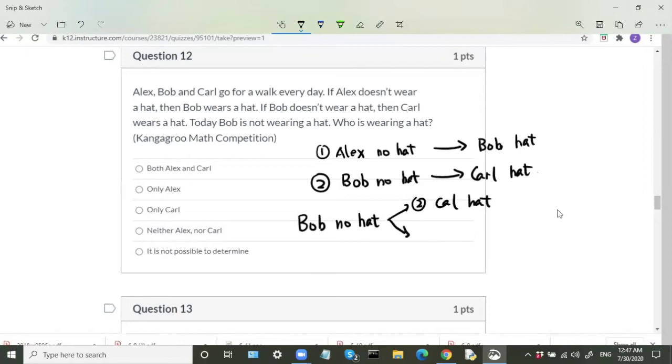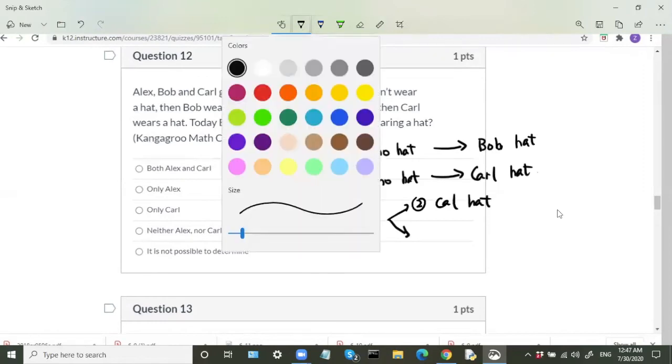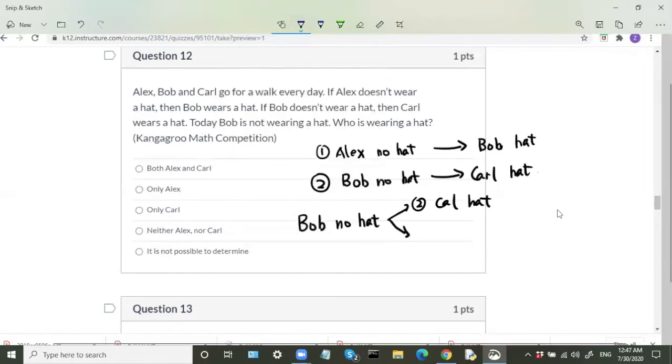So if Bob no hat, actually, okay, let's look at the number one. So if Bob no hat, right? So can we know actually Alex wears a hat? Okay, let's think about it.